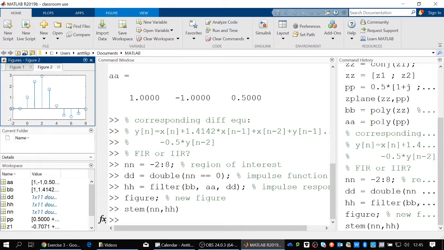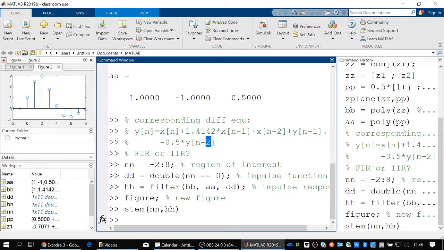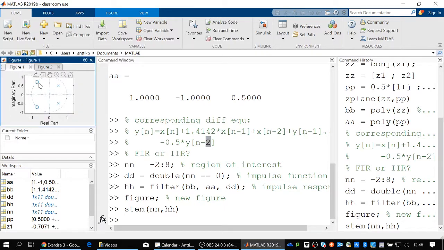This is a second order system. The order number comes from the highest delay, and my highest delay is 2. So it's a second order system. Or actually, you can see the order number from here: 2 zeros, 2 poles, meaning second order system.